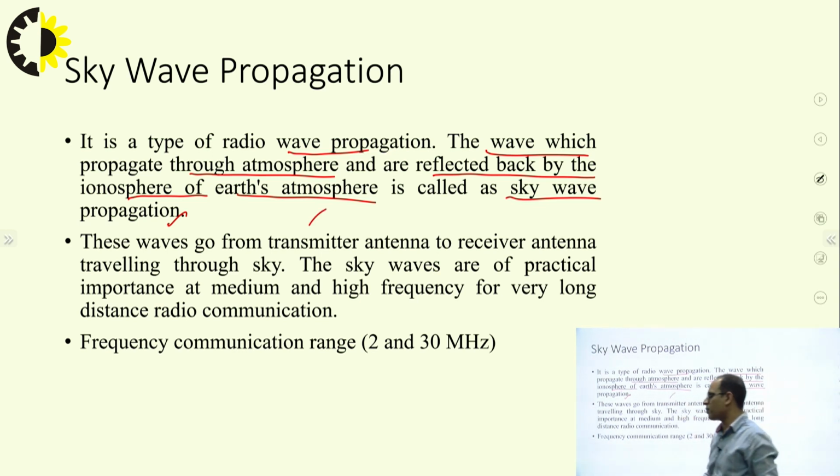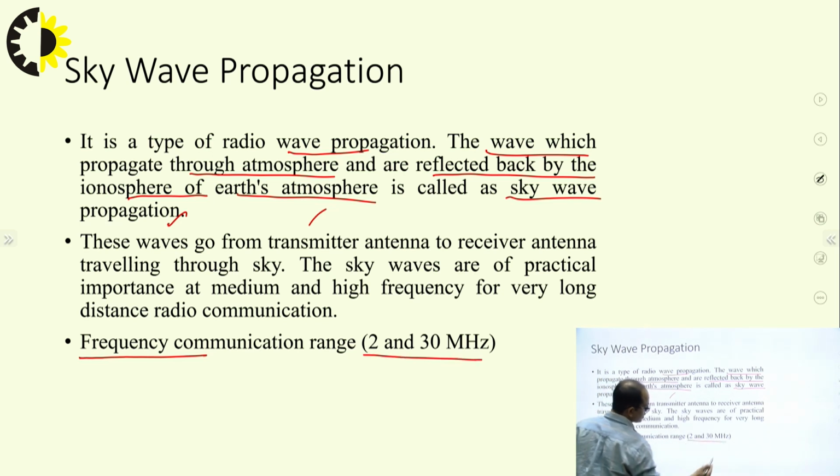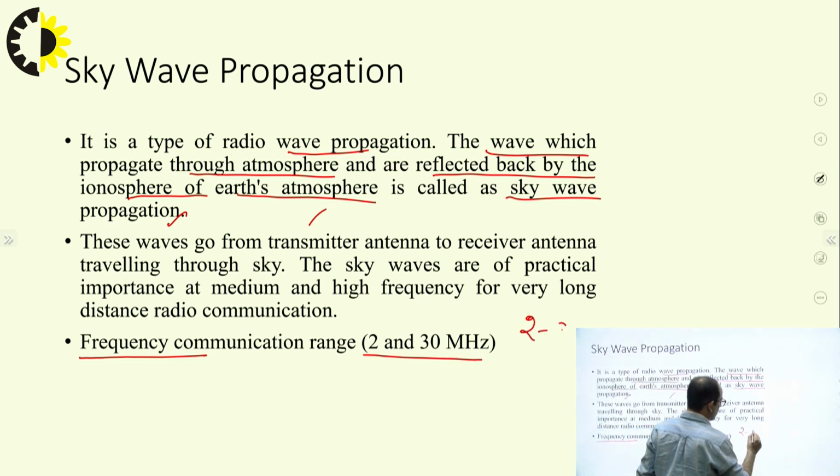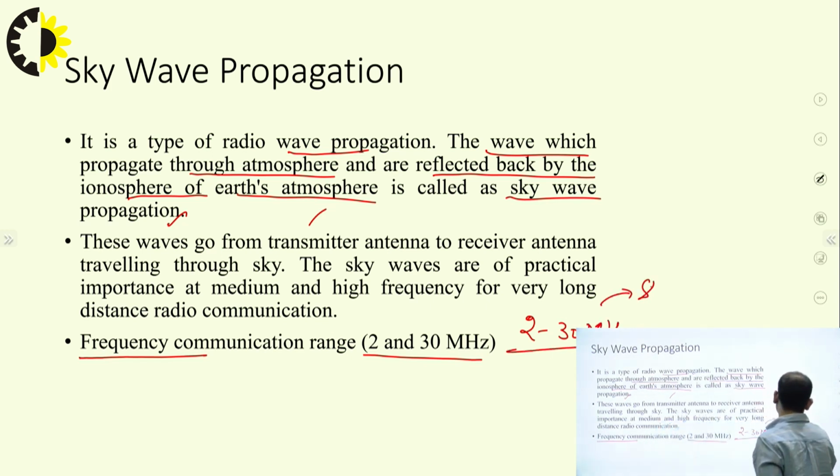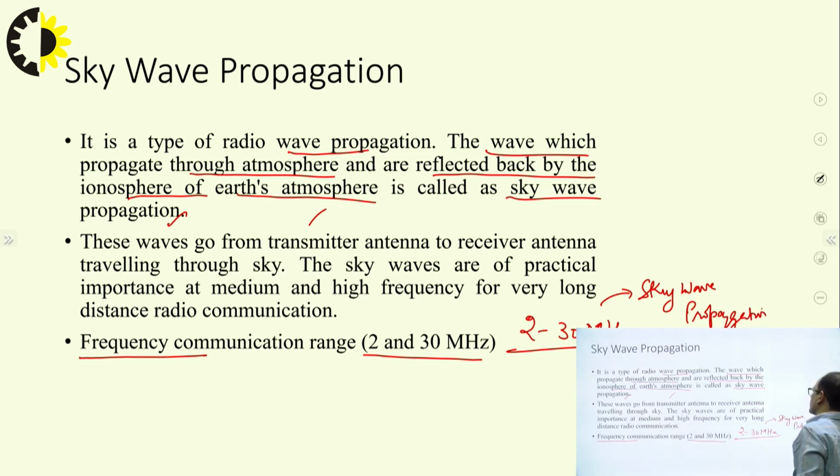This type of wave propagation is mainly used for frequencies from 2 to 30 megahertz, and the signal above 30 megahertz will travel through space wave propagation.